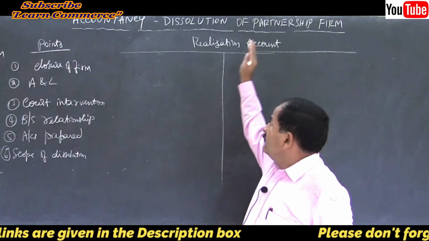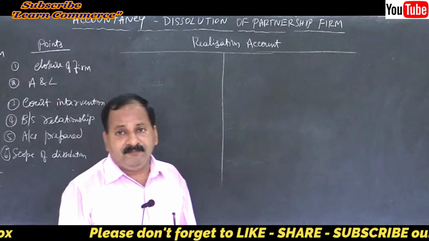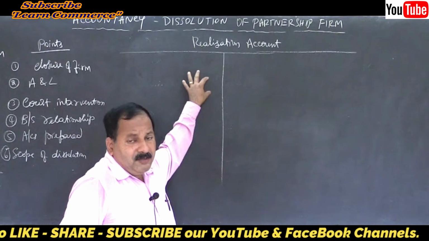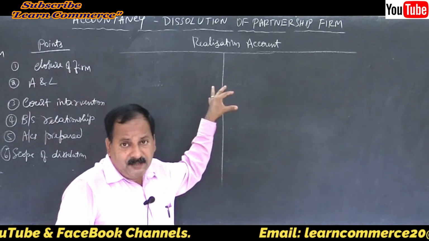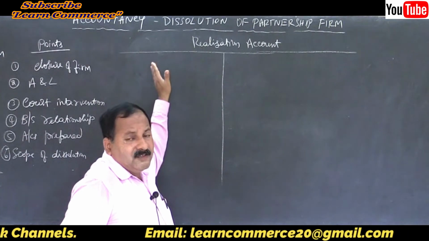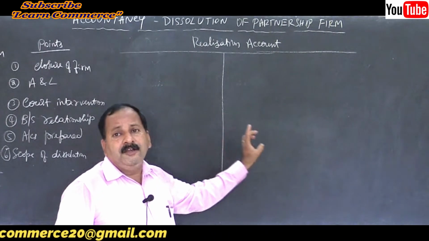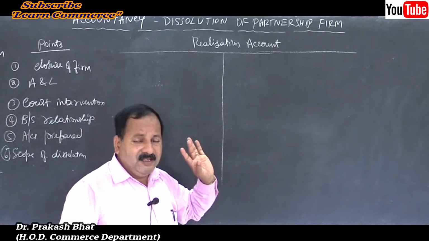Journal entry is realization account debtor to sundry assets account, or you can pass individual entries. In your NCERT book individual entries are given, otherwise you can pass to sundry assets account. Under that you can write one by one and the total can be written in outer column, but no need of preparing that in that way.